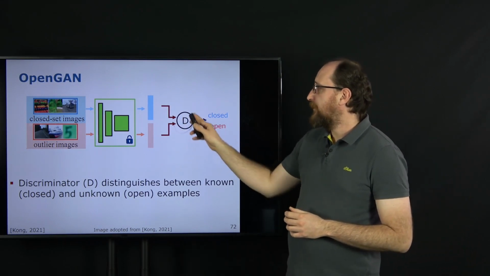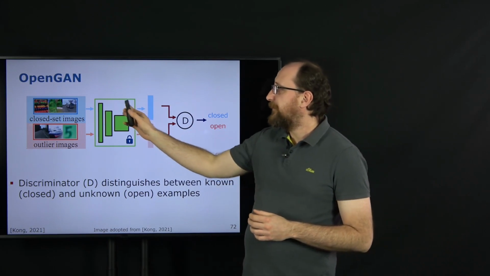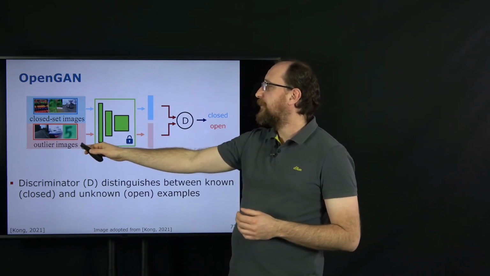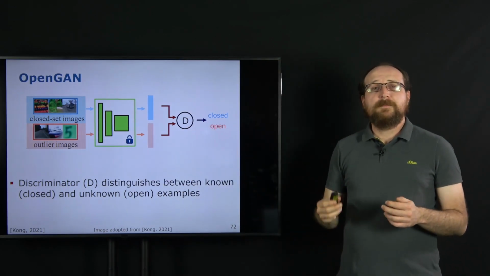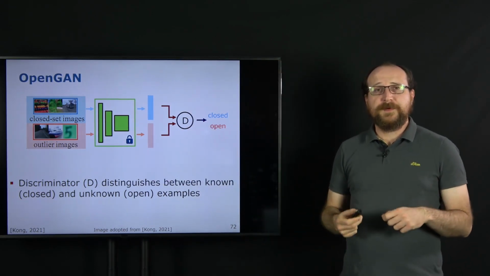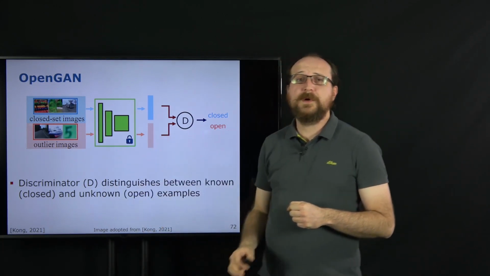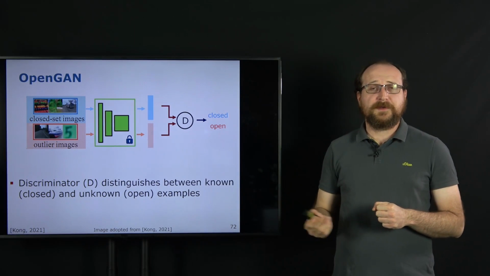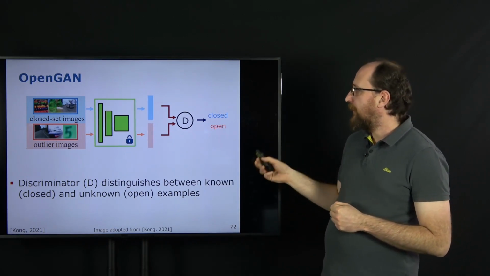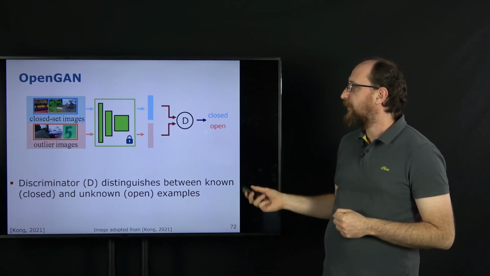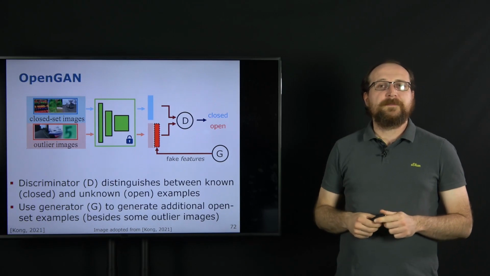So we have this discriminator, and we have this closed set and outlier images. One problem with this is that the discriminator more likely overfits to just this example, such that it maybe does not react to unseen open set examples, so unseen outliers. And one clever idea of the authors of this OpenGAN paper was to include a generator.